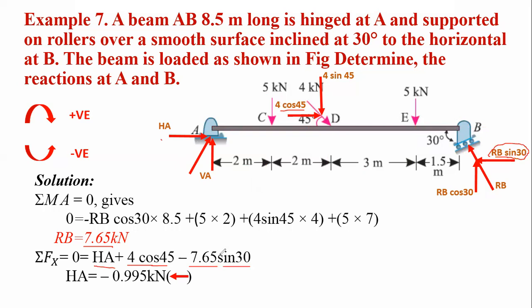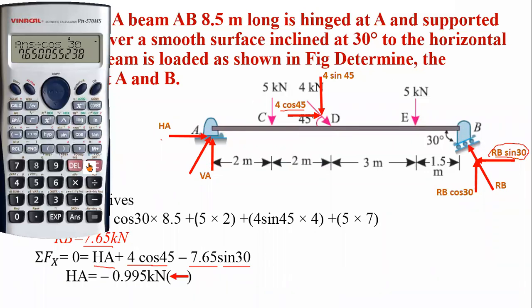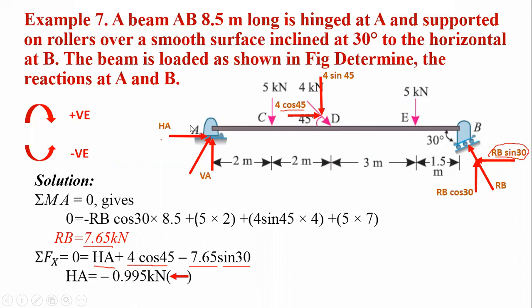Now if you solve this, 4 cos 45 minus 7.65 sin 30, we get minus 0.995. The minus sign indicates that the direction of HA we assumed, the right side, is wrong.